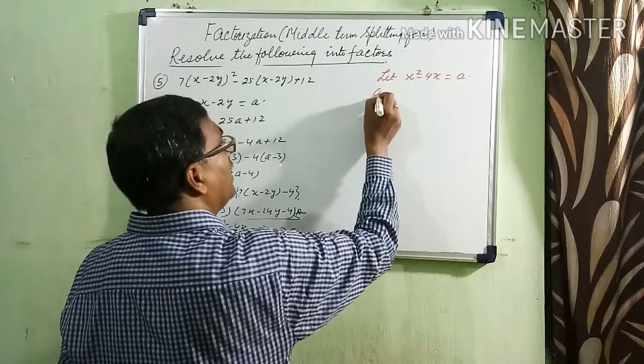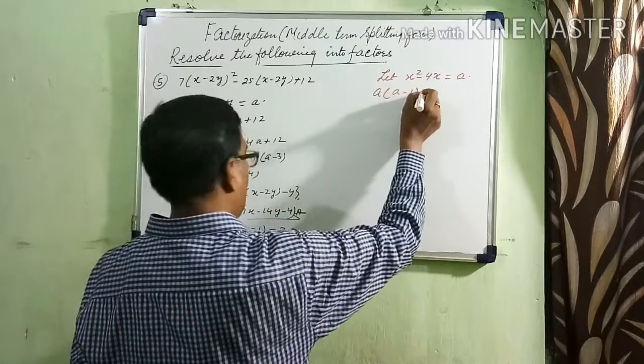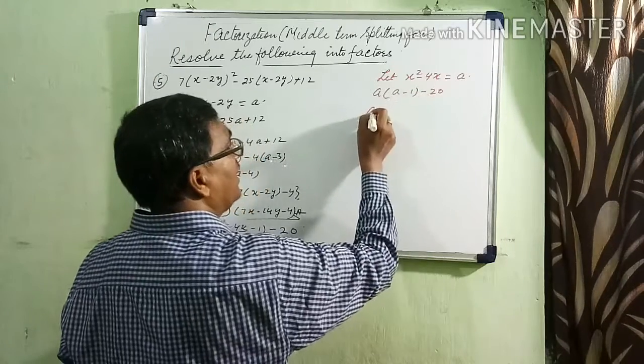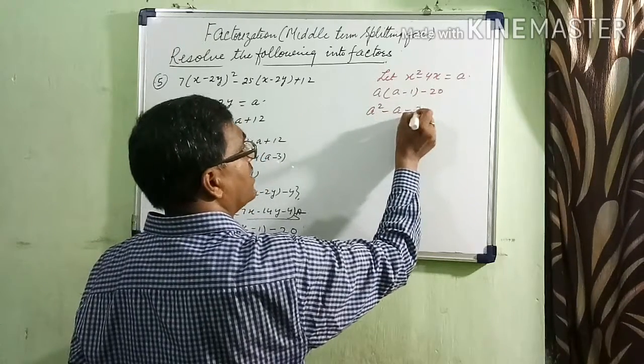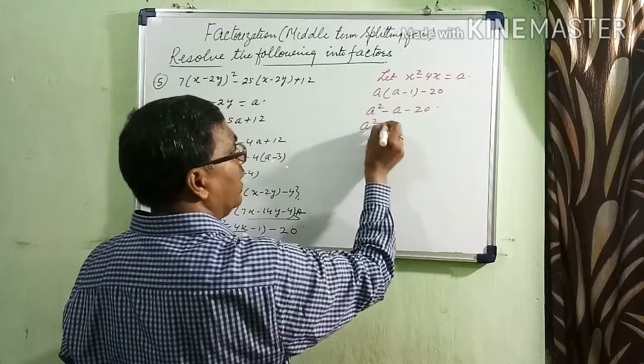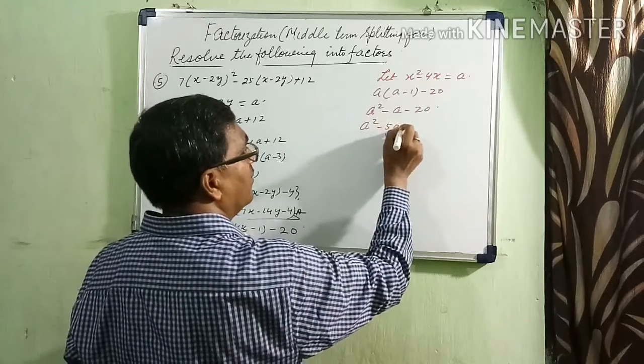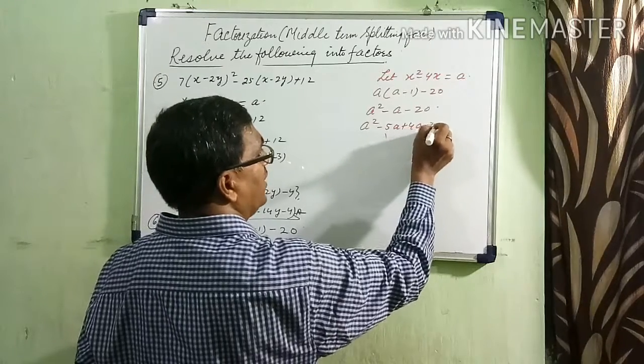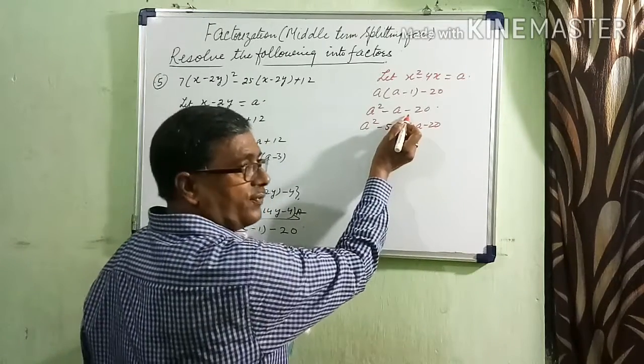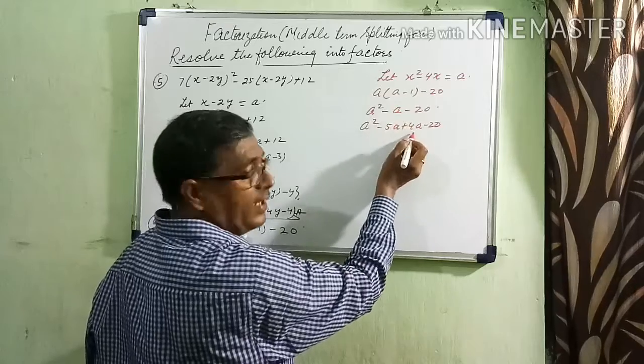So it will be a into a minus 1 minus 20, a square minus a minus 20, and a square minus 5a plus 4a minus 20. Remember both are negative. So bigger part will be negative.